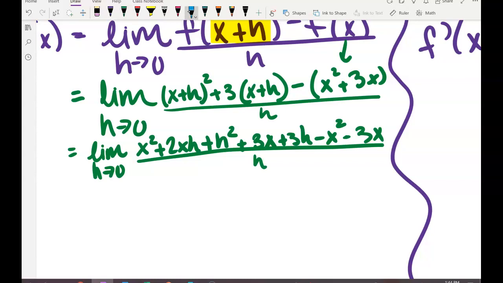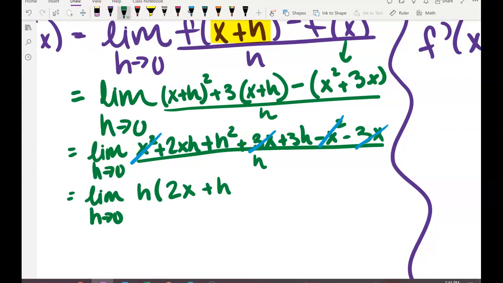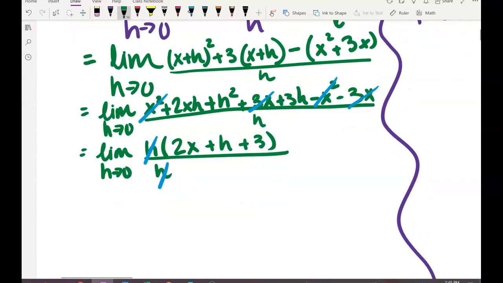We can cancel those, and now we will factor out the h from the numerator. So we are going to end up with h times the quantity 2x plus h plus 3, all over h. Those two will cancel. Remember, h is approaching 0.